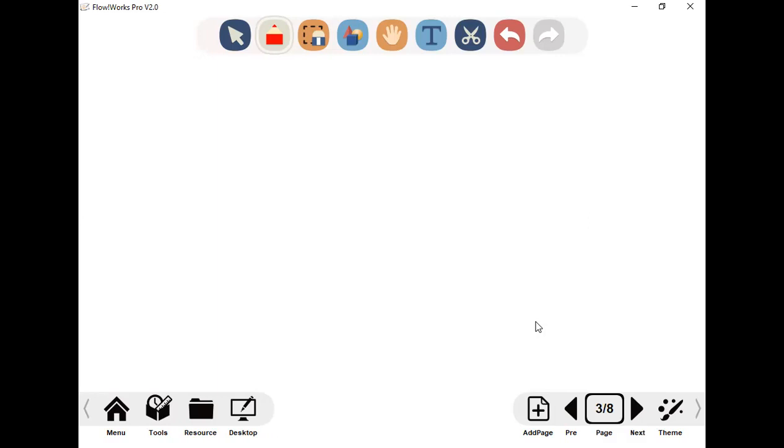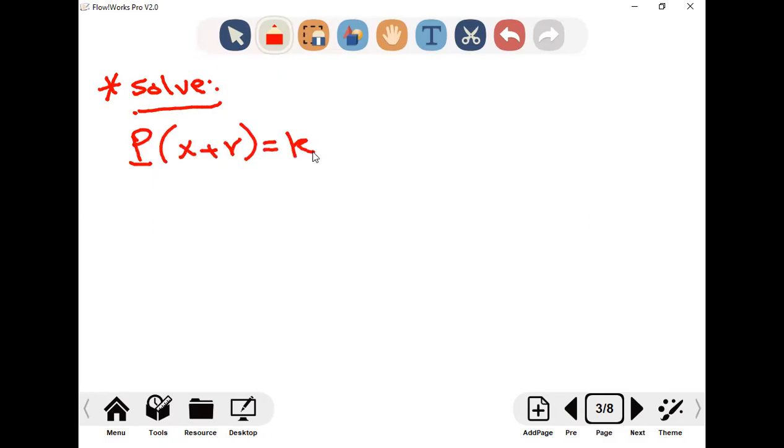Let's finish our work, then we will get back, okay? Now, there is still one form we need to revise. We revised the one-step and the two-step equations. Now let's remember how to solve this form: P with the parentheses, x plus r equals k. P, r, and k are numbers, and x is our variable.